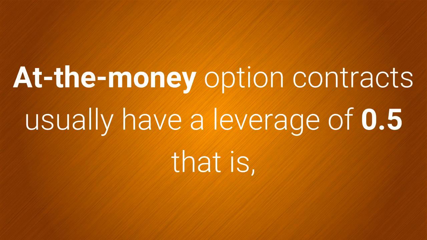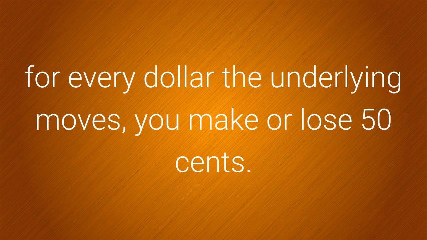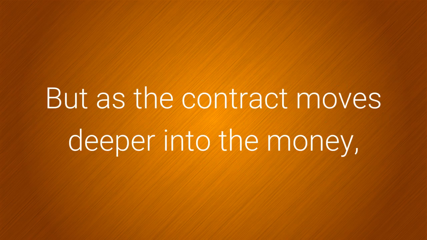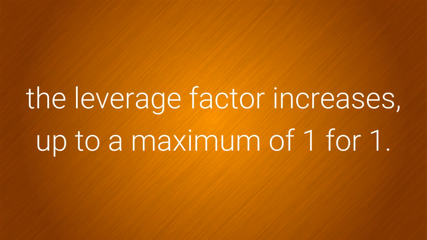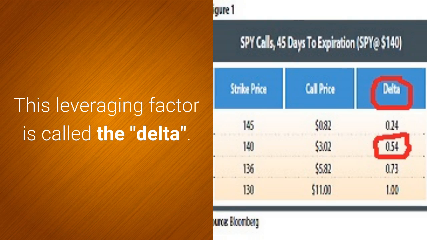At-the-money option contracts usually have a leverage of 0.5, that is, for every dollar the underlying moves, you make or lose 50 cents. But as the contract moves deeper into the money, the leverage factor increases up to a maximum of 1-for-1. This leveraging factor is called the delta.